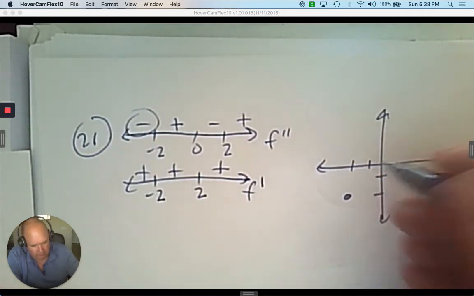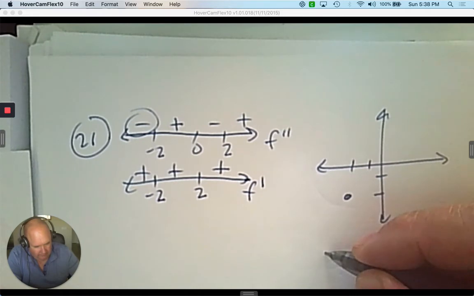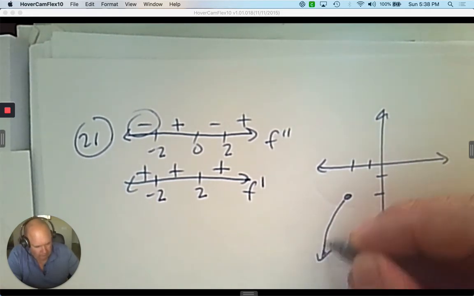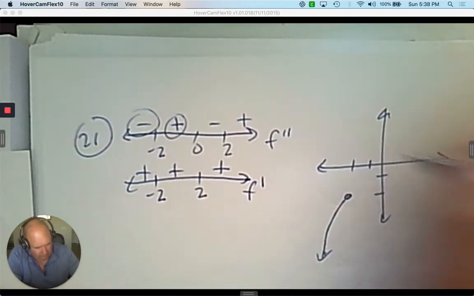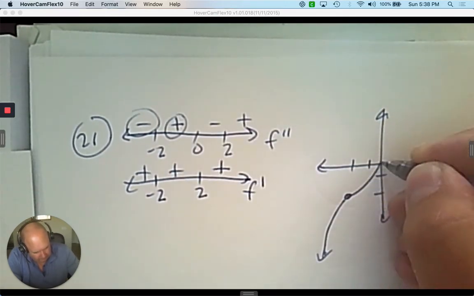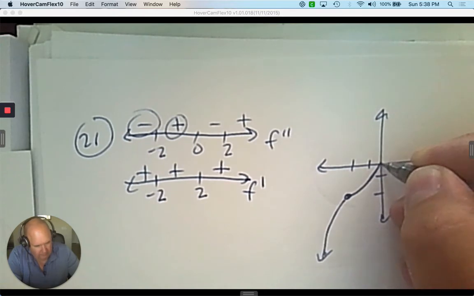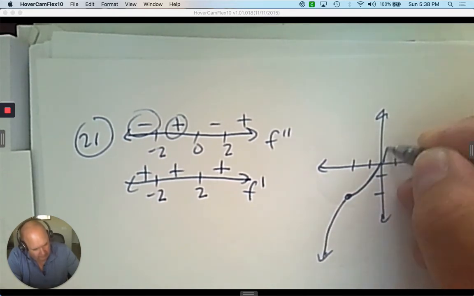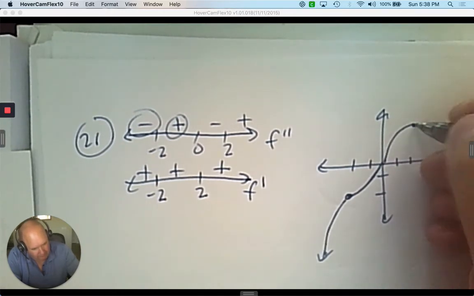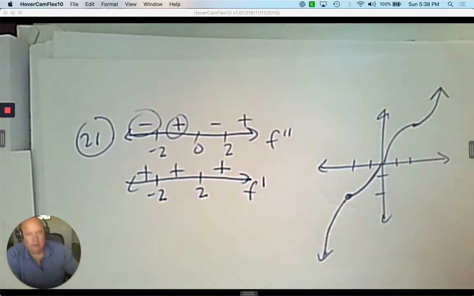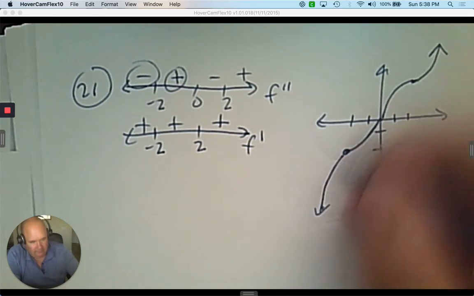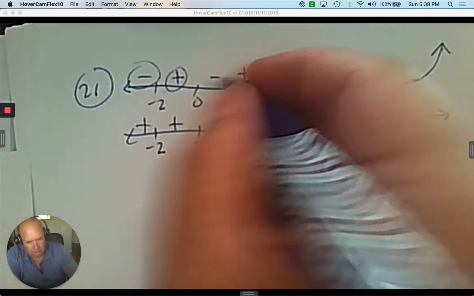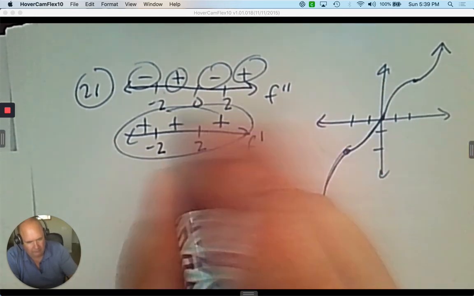First it frowns, then it's going to smile up to 0. Then it's going to frown up to 2, and after 2 it's going to smile again. So at each interval it's increasing throughout, and it goes frown, smile, frown, smile. We're following the concavity and realizing the whole thing is increasing.